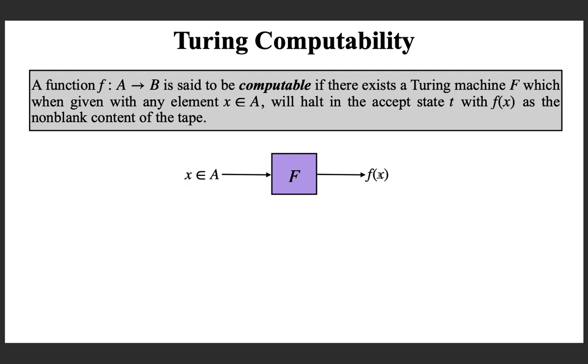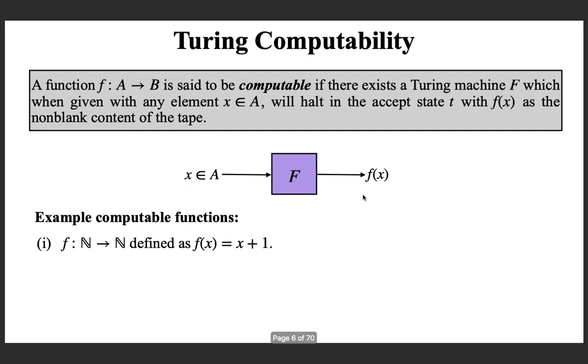So for any x, it computes f of x and stops in the accept state. If there exists such a Turing machine, then the function is said to be computable, and if there is no such machine, the function is said to be uncomputable.